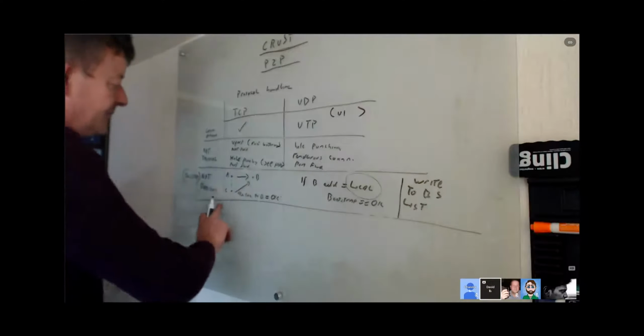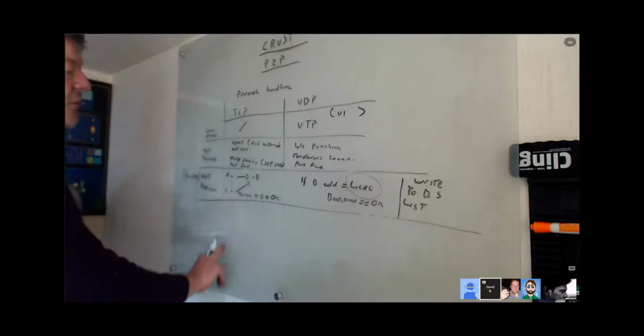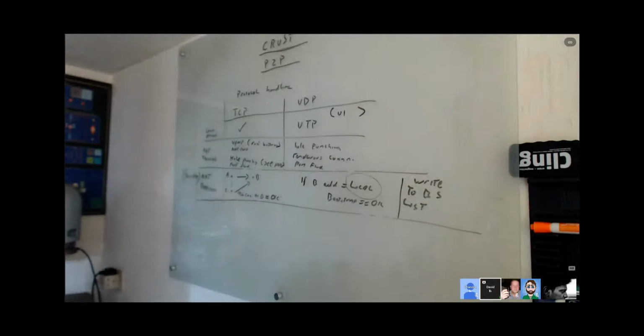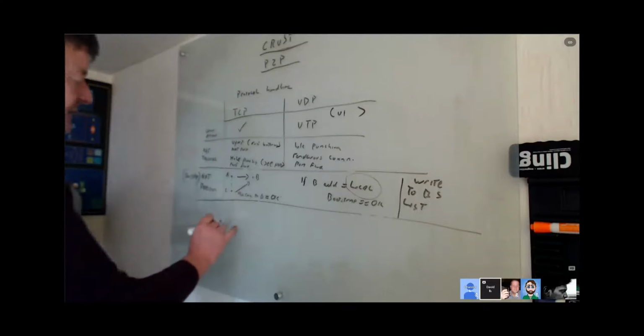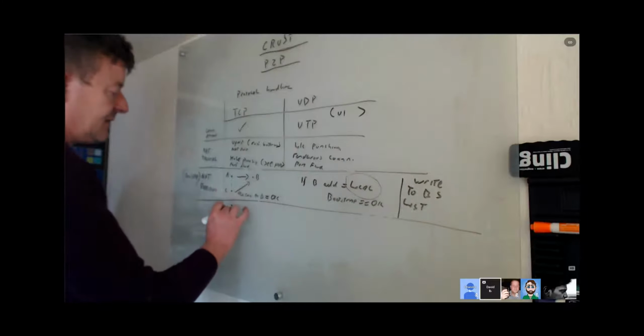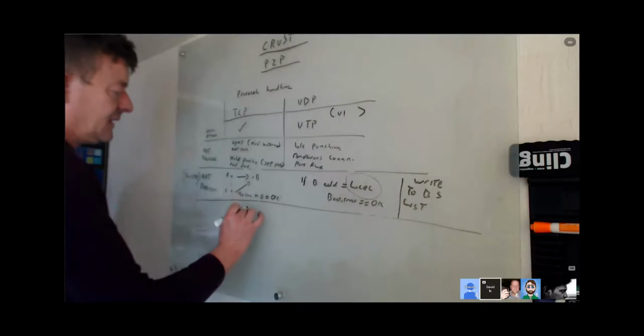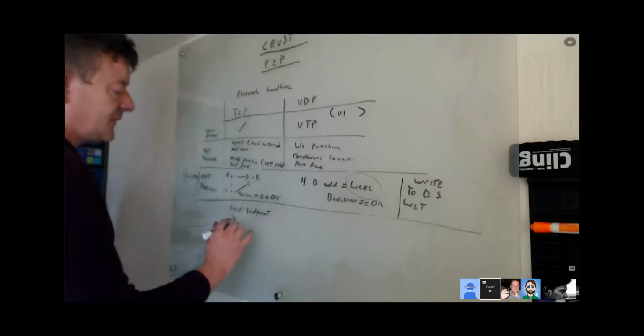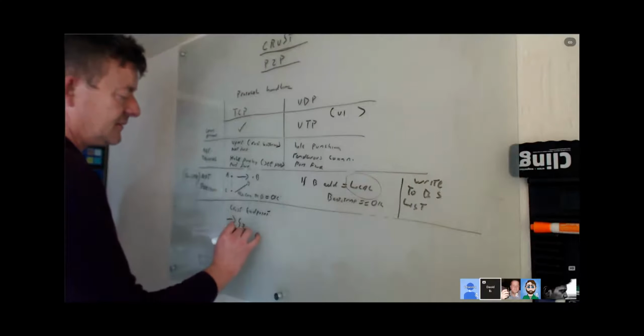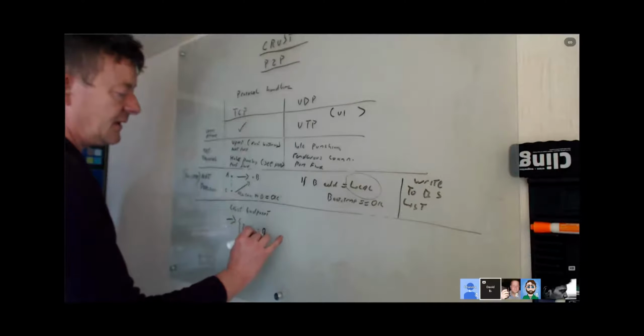So this stuff we know all gets presented as a CRUST endpoint, which is proto and then address.